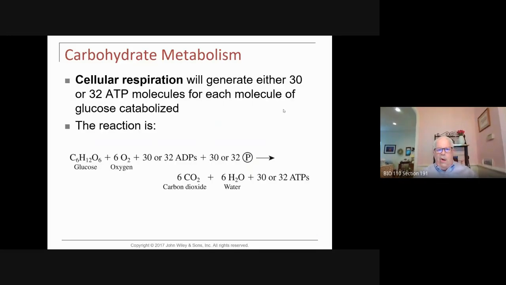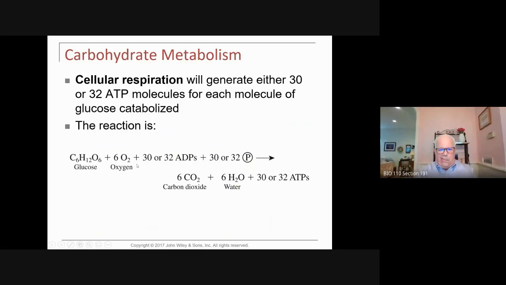Okay, so the combination of all these reactions is called cellular respiration. It will generate 30 to 32 ATPs, which is energy, for each molecule of glucose that is catabolized or broken down. Here is the reaction.